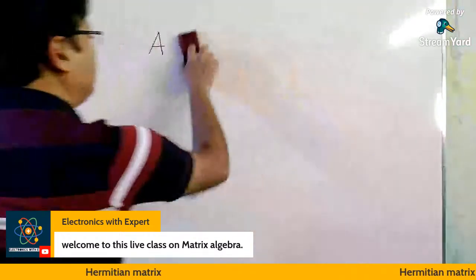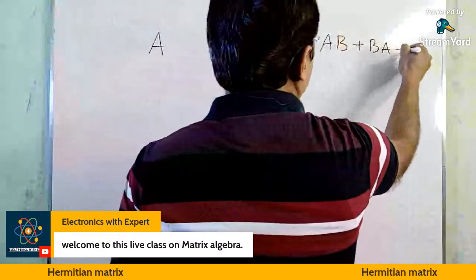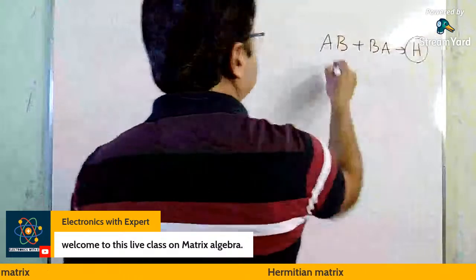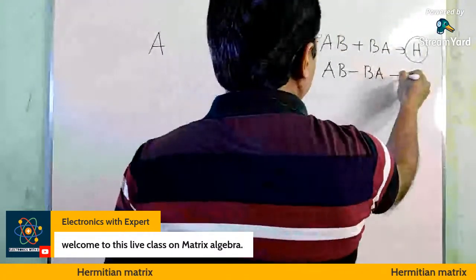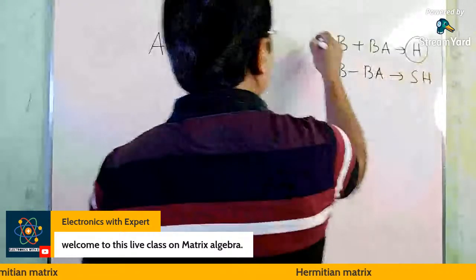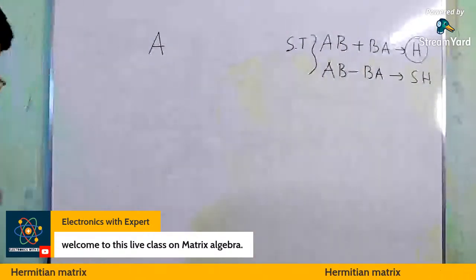So in this problem, it is given that A and B are Hermitian, and we have to show that AB plus BA is Hermitian whereas AB minus BA is skew Hermitian.